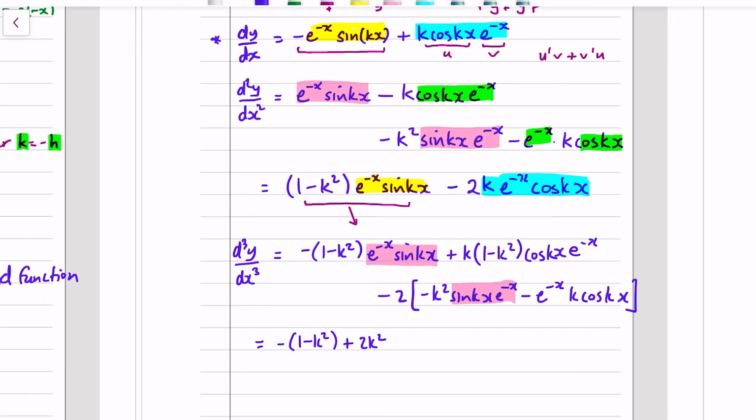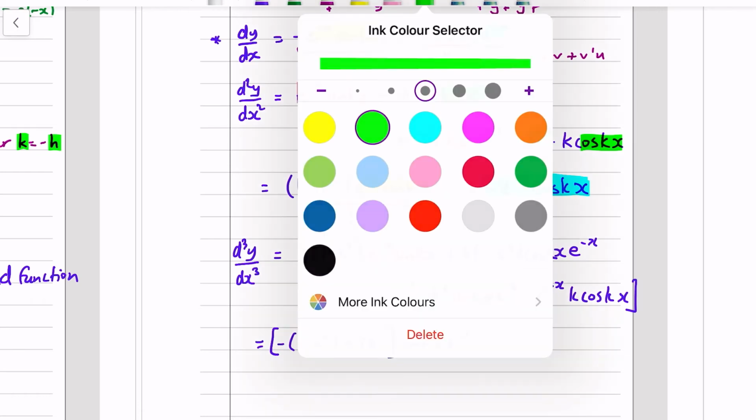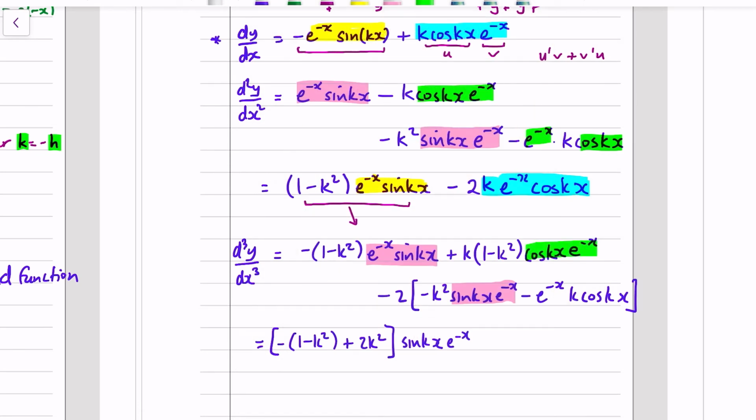Be careful with the expanding of brackets. And in the cos kx terms, go back to my green highlighter, that term there and that term there.